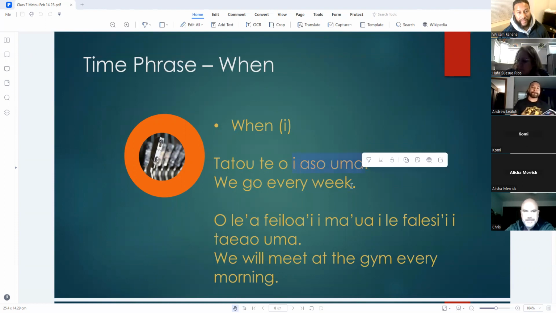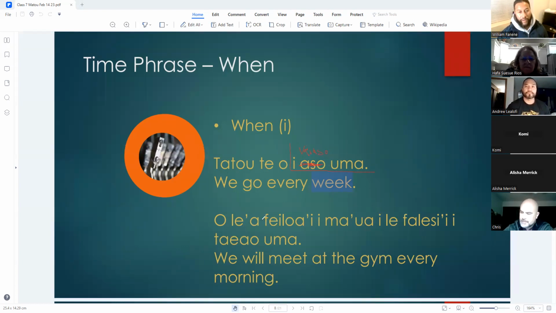This is a bad slide. Vayaso uma. Take this out. I hate when I do this. So instead, this would be every day. So we go every day, but Vayaso is week. So when is it going to happen? So all of this is our location phrase. E Vayaso uma, every week.